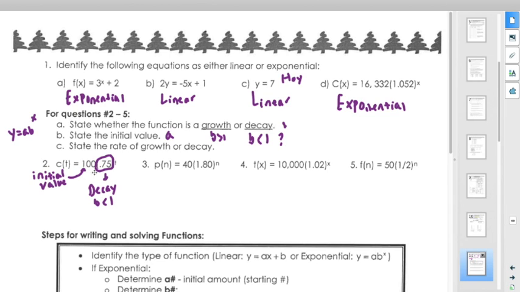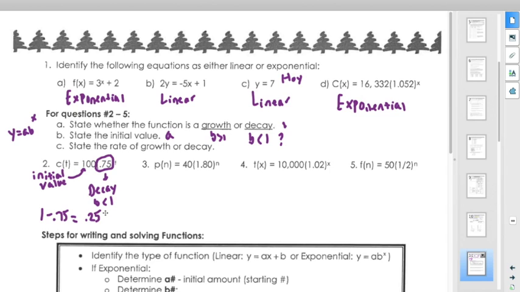And now I want to figure out what is the rate of growth or the rate of decay for part C. Well, again, we always start at the number 1. And what's the difference between 1 and 0.75? How do I get from 0.75 to 1? Well, let's just subtract the two. 1 minus 0.75 gives me 0.25.